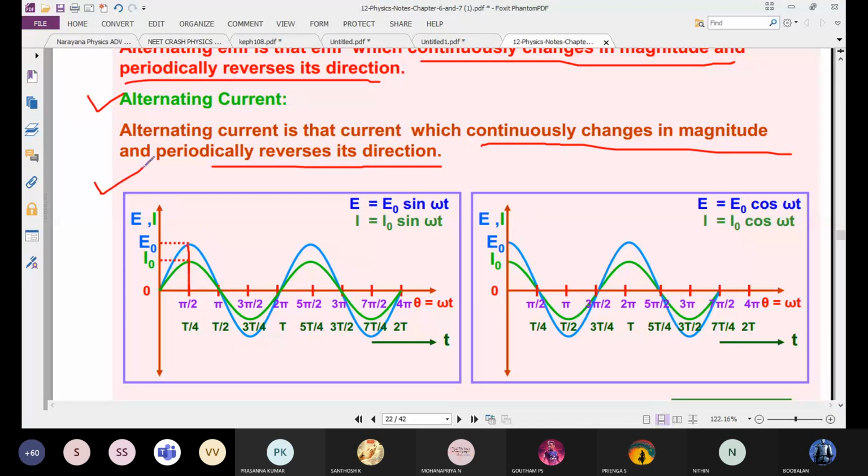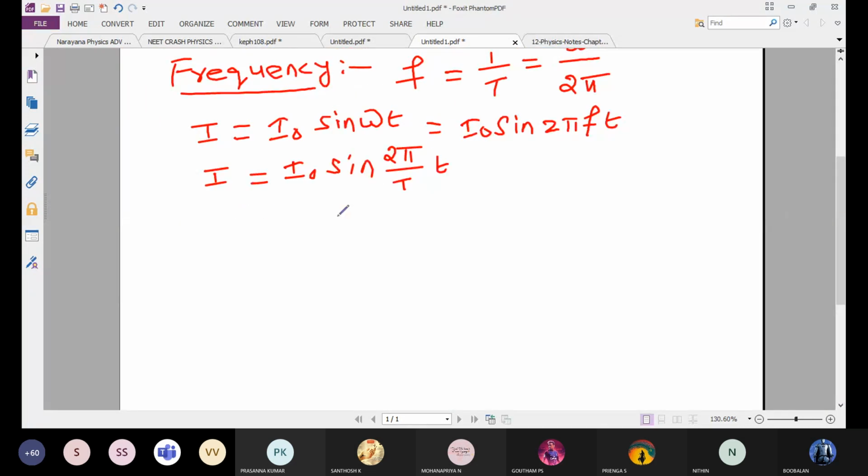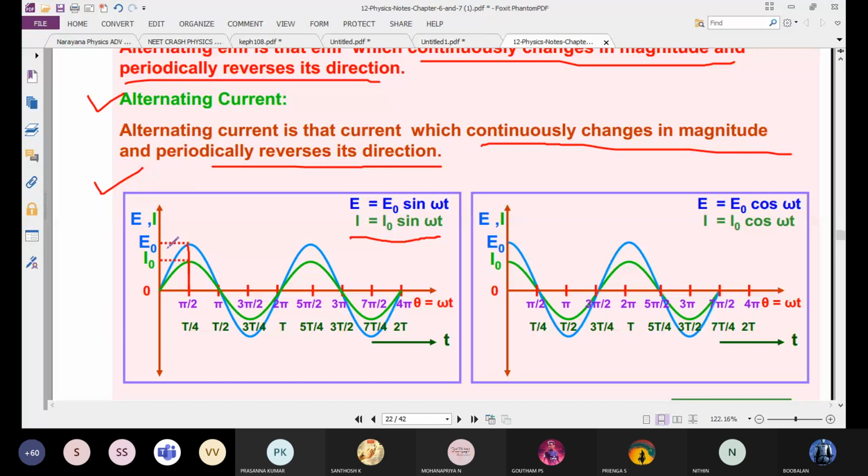Please draw in this diagram now and note the formula. E is equal to E naught sin omega t, I is equal to I naught sin omega t. After completion, the I formula and E naught formula, you can draw in this diagram.